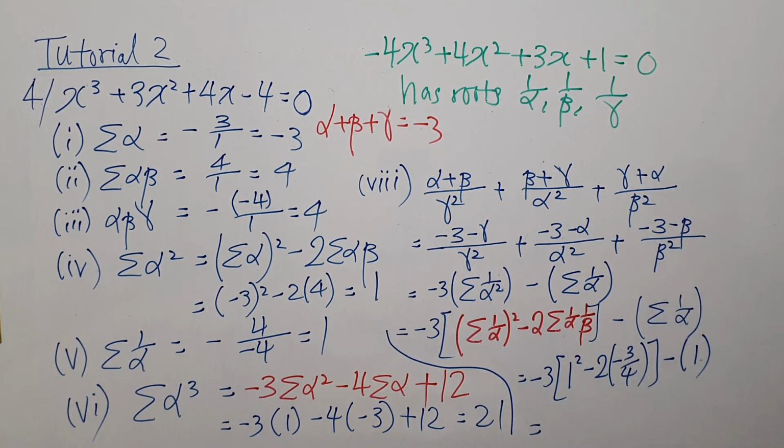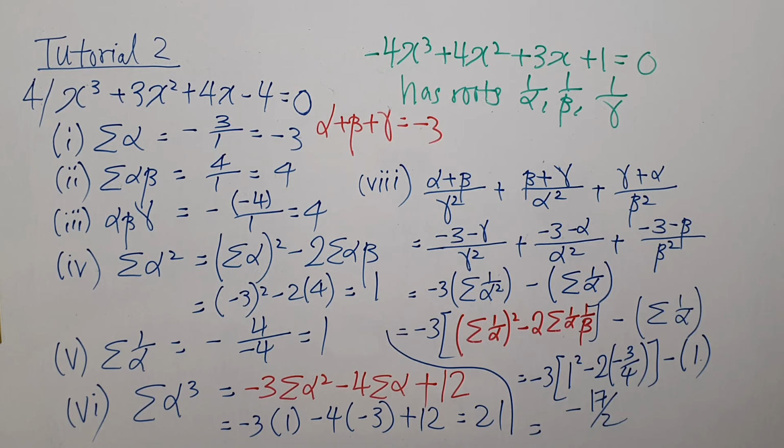Let's see again, how much do you get? This gives you positive 3 over 2. So this is 3 over 2, 5 over 2, minus 15 over 2, minus 17 over 2. I get minus 17 over 2. It's correct, okay?